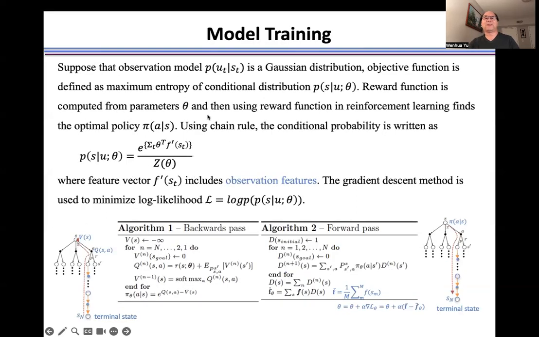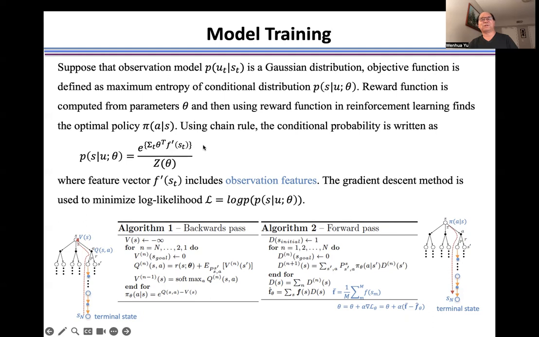So from this joint probability of state S and U, if we define this observation model as a Gaussian distribution, then we can get the objective function as the maximum entropy of the conditional distribution P. That means we have this conditional probability of trajectory S conditioned on U. Here F prime includes two terms.